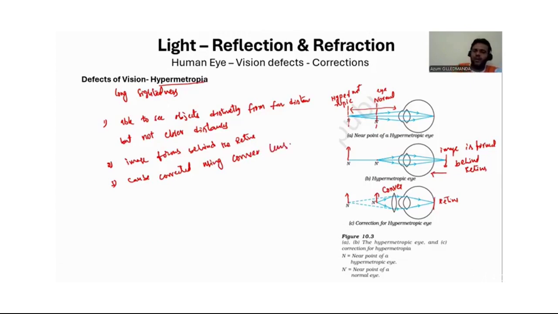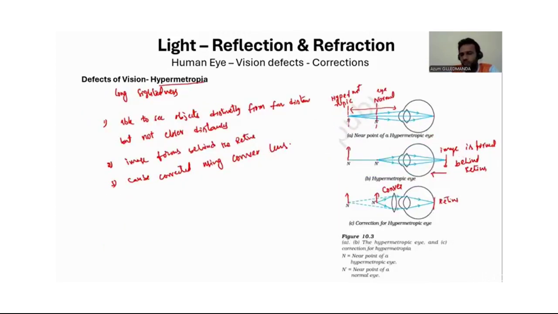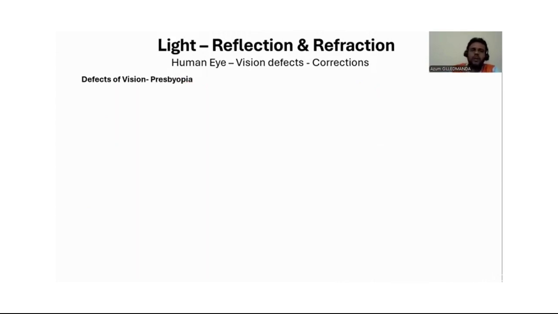Okay. All right. So that is about the two defects. One was myopic. The second is hypermetropic. All right. Next, there is another defect, that is presbyopic. Here, as we get old, the ability of the eye to contract and relax, the muscle functionality, gets weaker.